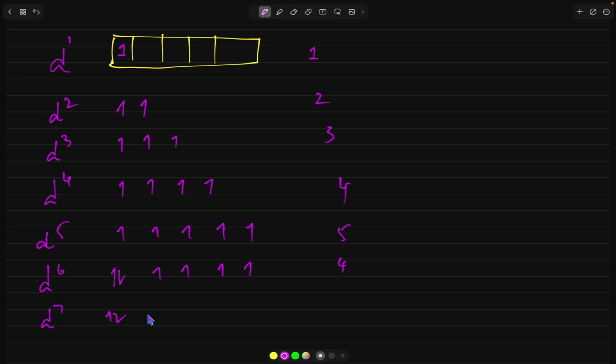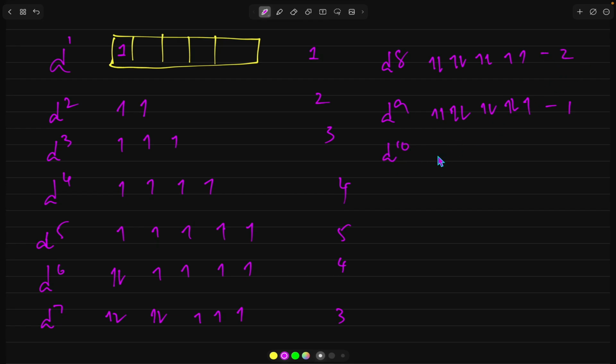In d7, 2 paired electrons, right? So 3 unpaired electrons. What about d8? You have 3 pairs, 2 unpaired. And d9? So this is 1 unpaired electron.